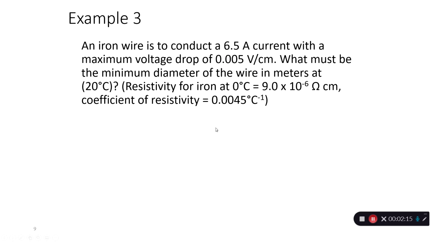We have an iron wire to conduct 6.5 ampere current with a maximum voltage drop of 0.005 volts per centimeter. It says a voltage drop, which we learned in the previous video is just V. But here it is given in V over cm, just like power in the previous example, where you were given power per length.